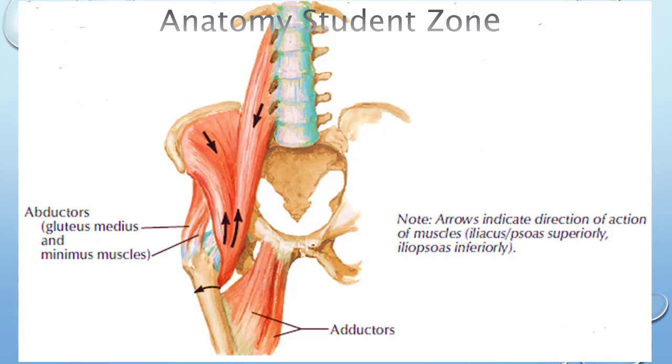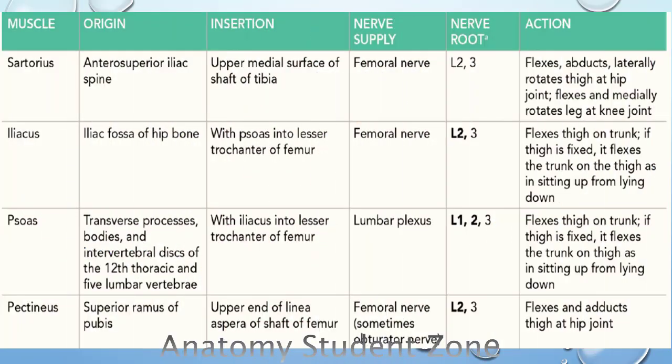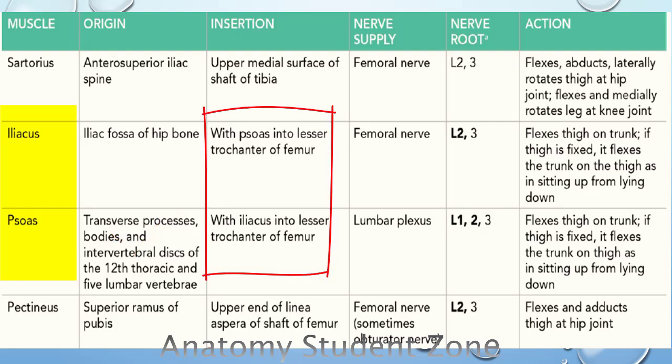So after covering its anatomy and routine function, now I will summarize all the covered points in a table, which again shows the muscles of the anterior compartment. We can see, as already covered, that iliacus arises from the iliac fossa of the hip bone. Psoas arises from the transverse processes of the last thoracic and all lumbar vertebrae. Both have a common attachment at the lesser trochanter of femur, as you can see.